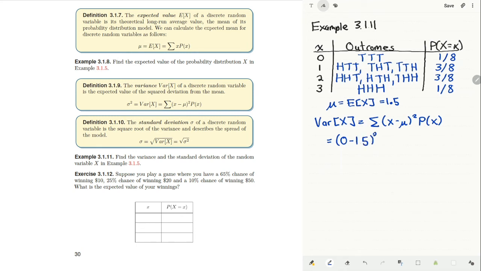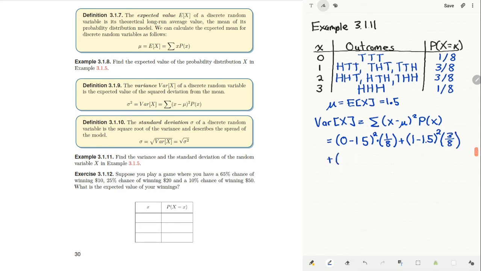So we square this difference, and we multiply this by its probability, which is 1 out of 8. Then we add it to the next value of x, which is 1. We subtract the mean of 1.5. We square the value, and then we multiply this by its corresponding probability, which is 3 out of 8.